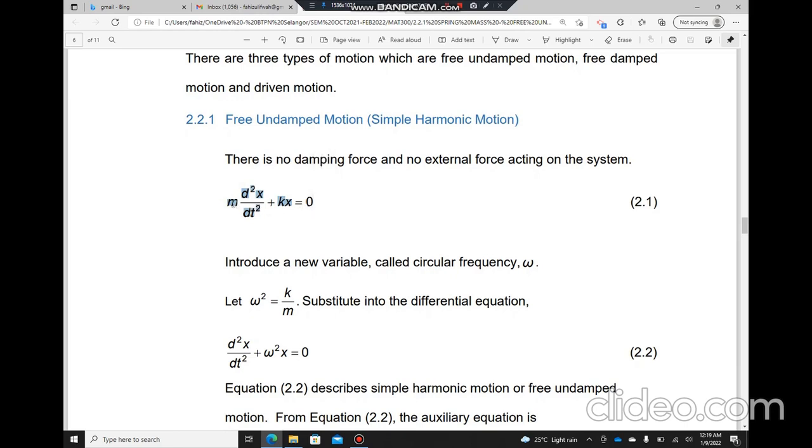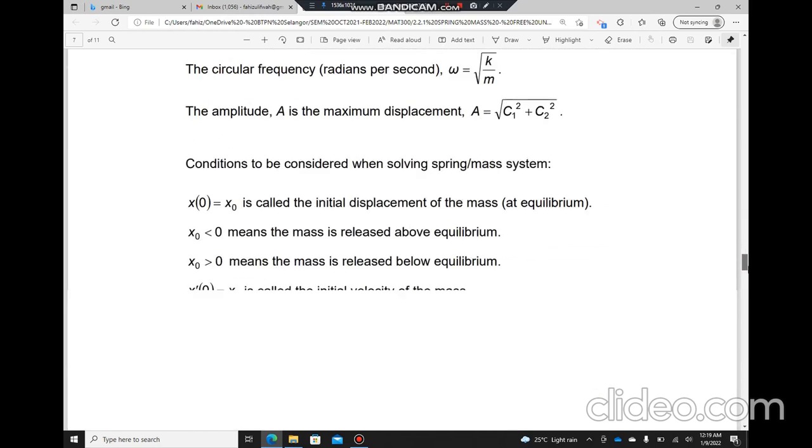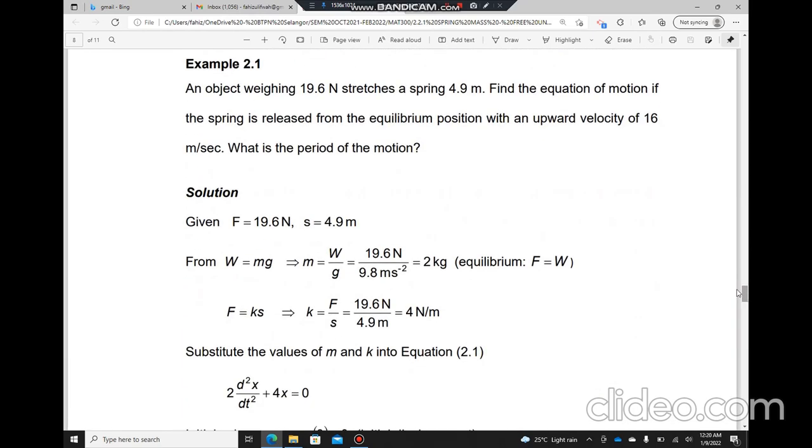So you need to find the value of m and K. Cara nak cari M dengan K, baca soalan betul-betul, cari maklumat. Kalau langsung tak diberi, maknanya kena relate dengan mana-mana formula. Contohnya dalam soalan ni tadi kan, 2.1, nilai M tak diberi, nilai K tak diberi. So you can use W equals to mg to get the value of M and F equals to Ks to get the value of K.